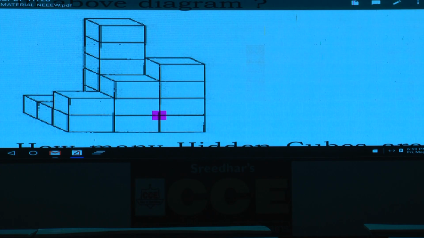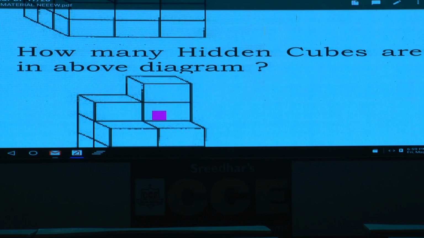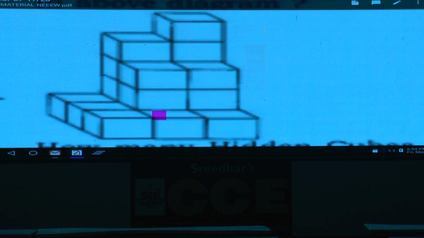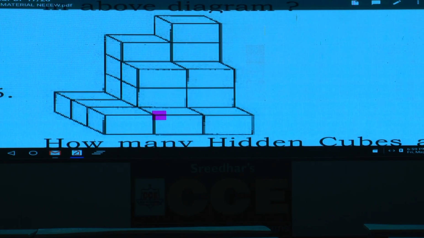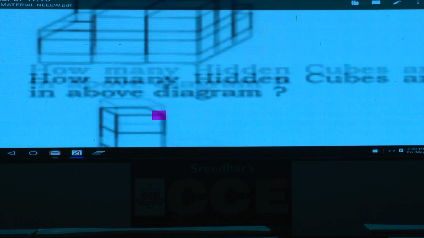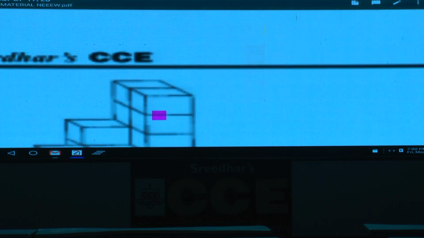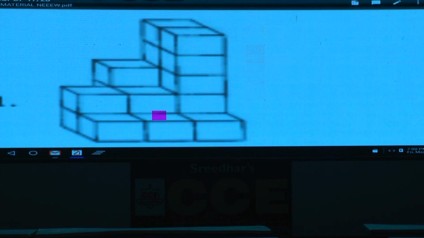Next one. Question number 15. Now 11 to 15. Question numbers 11 to 15 once again. Tell me what is the answer you got to this question number 11.